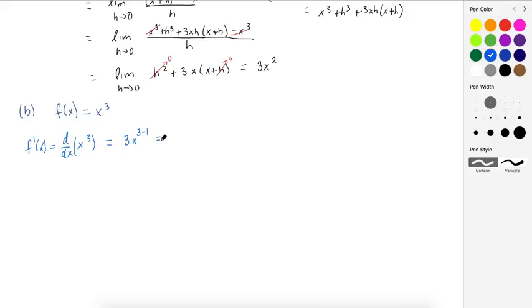That works out because you can see that 3 minus 1 is going to be 2. So the derivative of x to the power of 3, if we use the definition of derivatives, we should get 3x squared, as we did with limits. And don't worry, we're going to look at a couple more examples dealing with this.